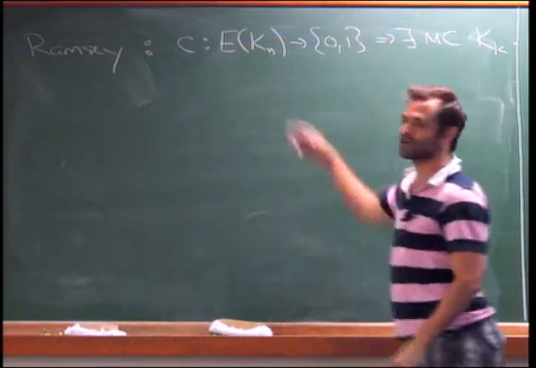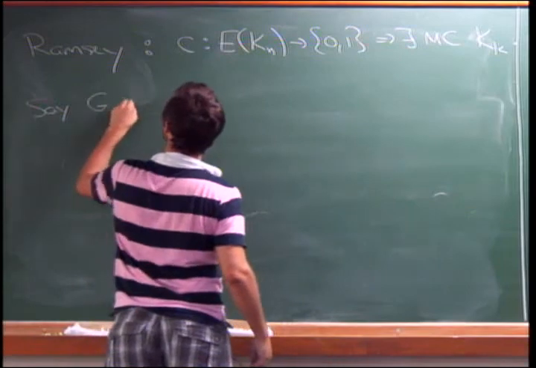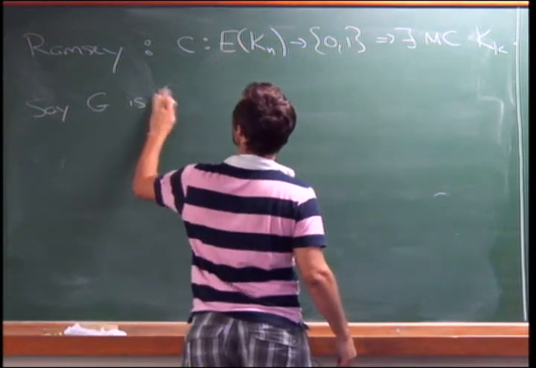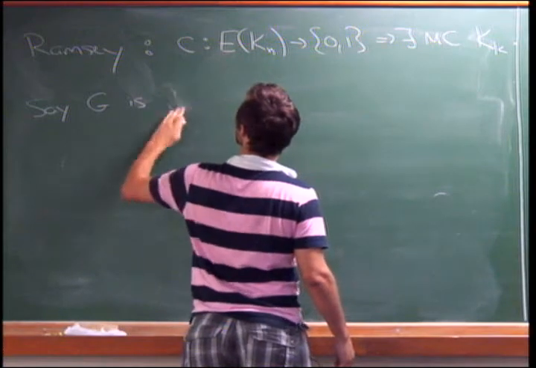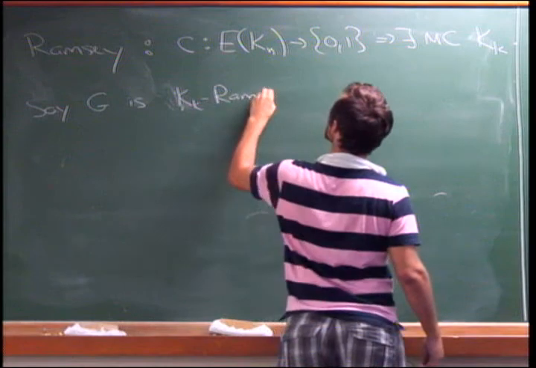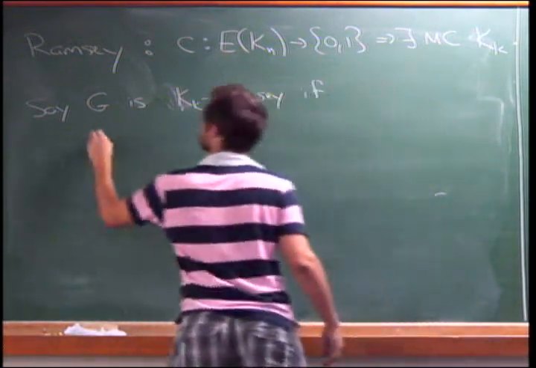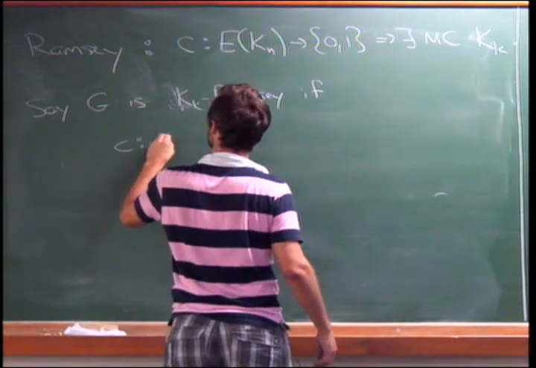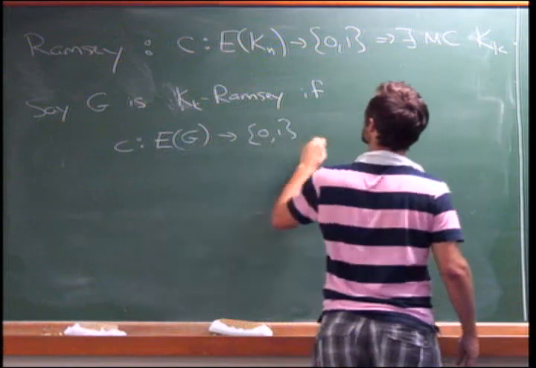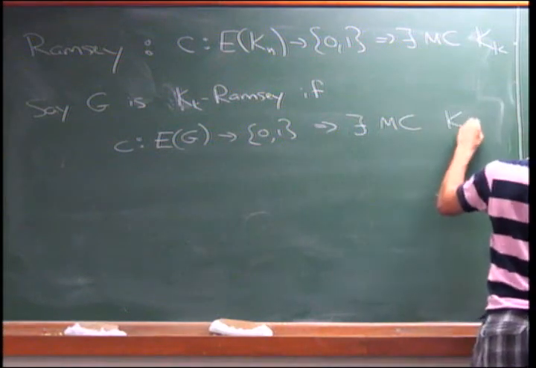So we can do the same thing on any graph G. Say that a graph G is K_k Ramsey if whenever you colour the edges of G with two colours, then there exists a monochromatic copy of K_k.